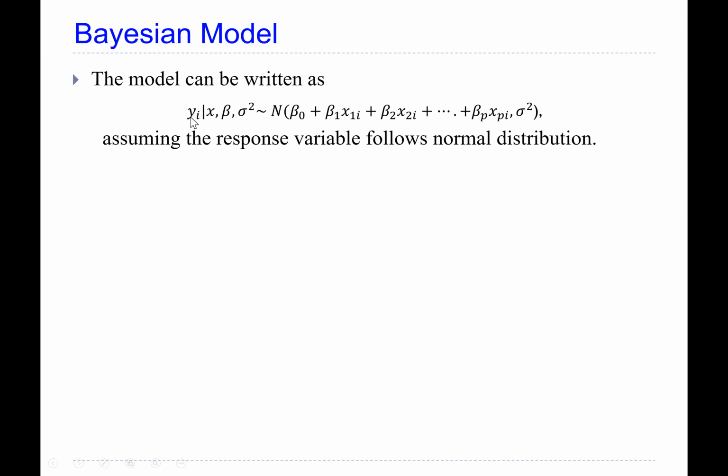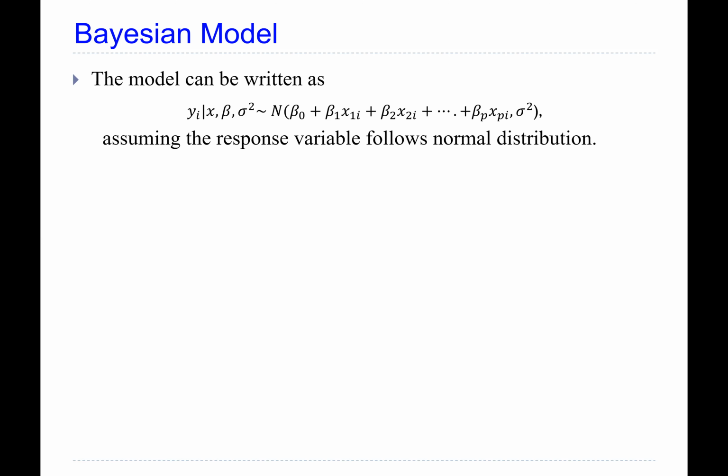So each observed value, yi, given beta and sigma square and x's, follows normal distribution with mean this one and sigma square.